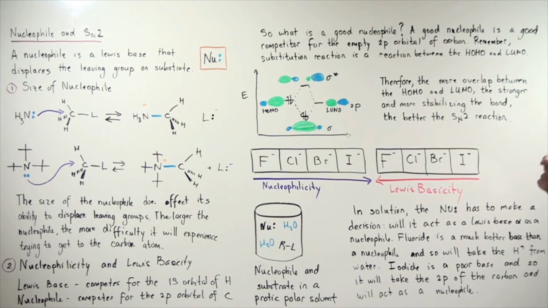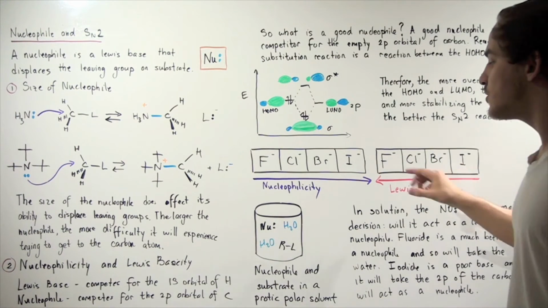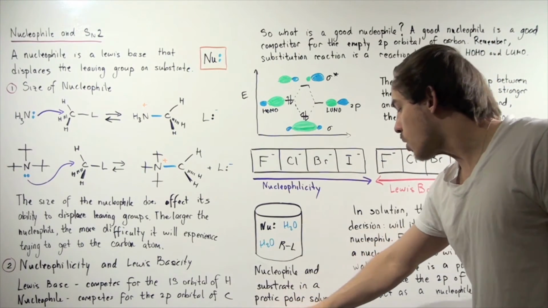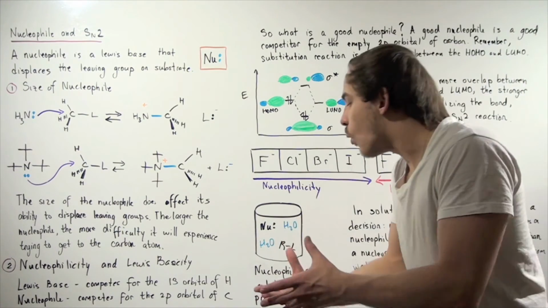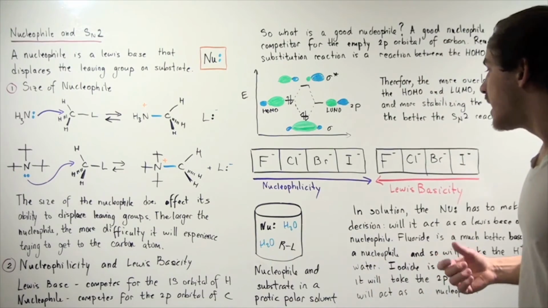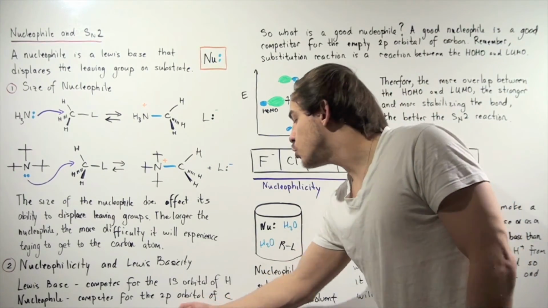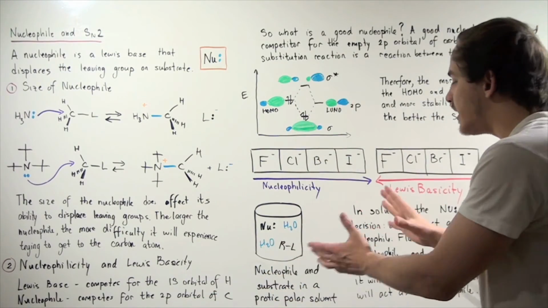On the other hand, if we place iodide, iodide is a poor Lewis base, and that means if we place our iodide into solution that has a protic polar solvent, it will not want to take that 1s orbital, it's going to want to take that 2p orbital. And that's why we have the difference.